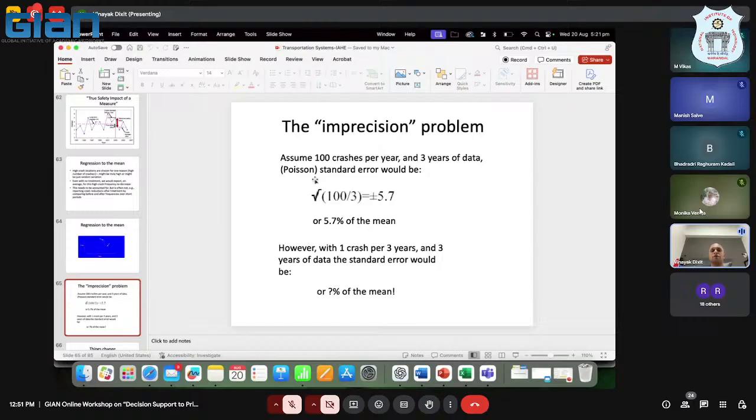So if you have 100 crashes in 3 years of data, the Poisson standard error is the square root of 100 divided by 3, giving you an imprecision of plus or minus 5.7.